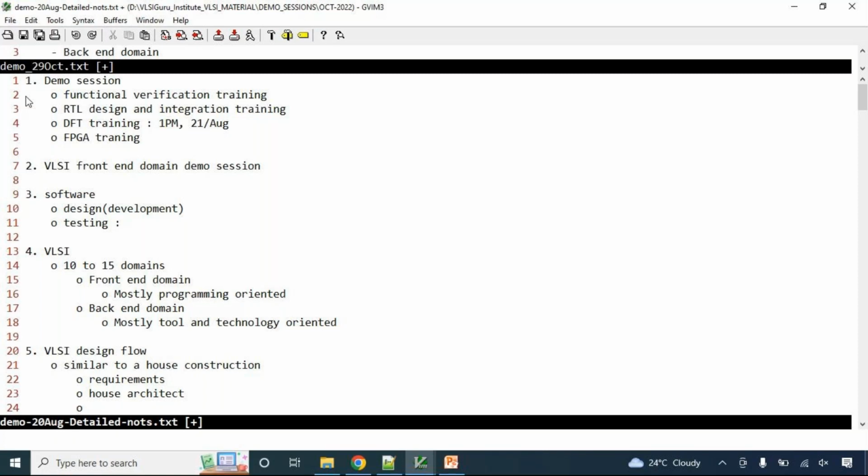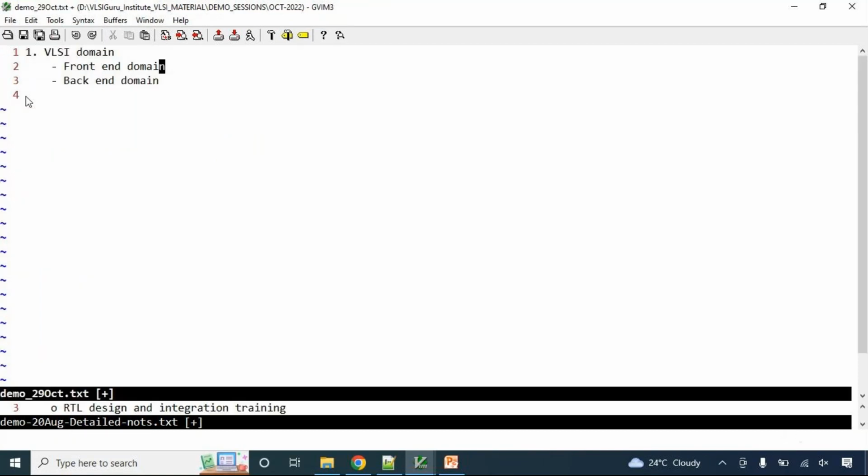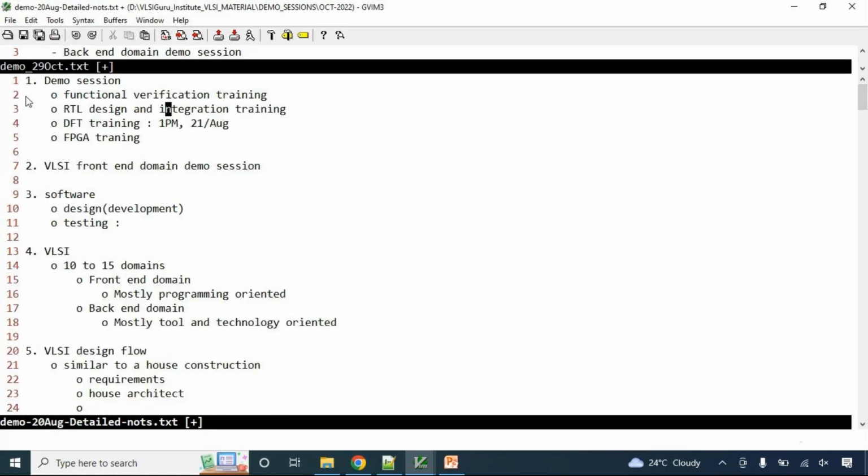Say we offer 10 courses, we can't have 10 demo classes. Rather, we offer one front-end domain demo session and one back-end domain demo session. All the aspects that fall into the front-end flow, like functional verification, RTL, DFT, FPGA, get covered in the demo session.